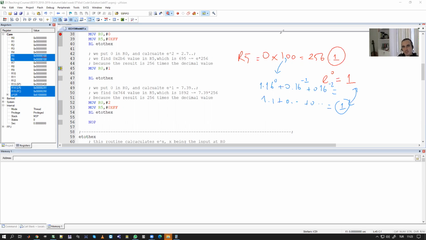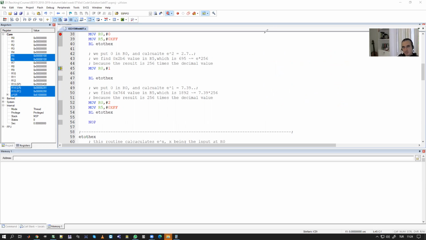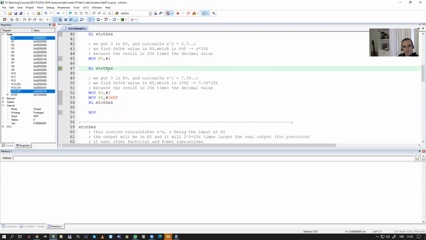Okay. I'll get into the function, but I'm going to run the next one as well. Clear all drawings. Okay. Now I move 1 to R0, and I'm going to find the function. So after the function runs, what I expect to have is e to the 1 times 256 at R5.